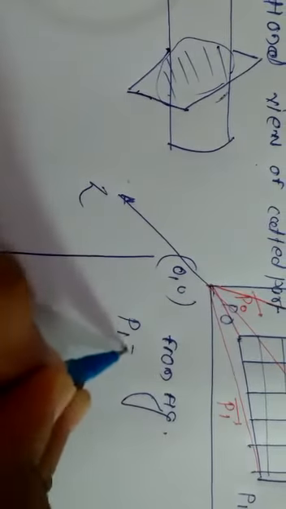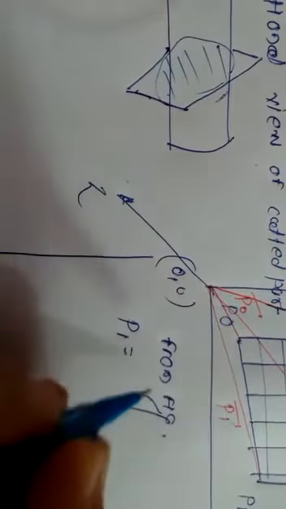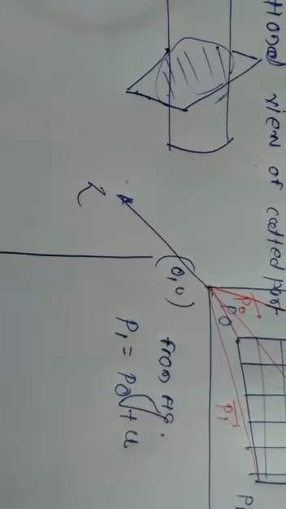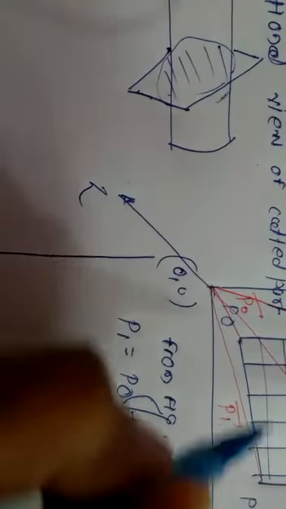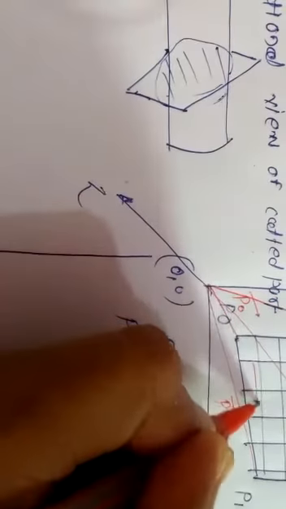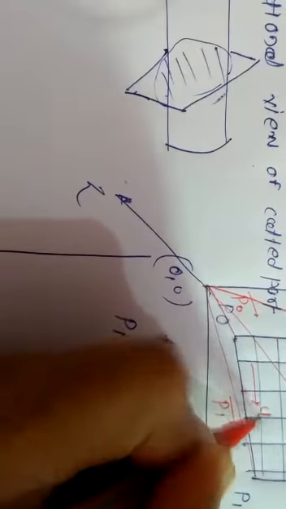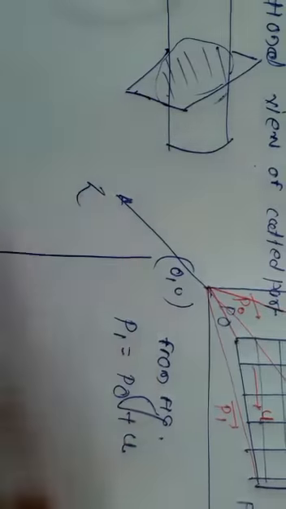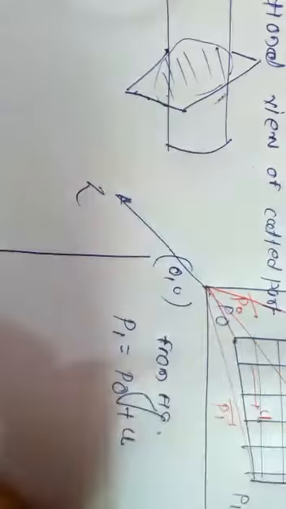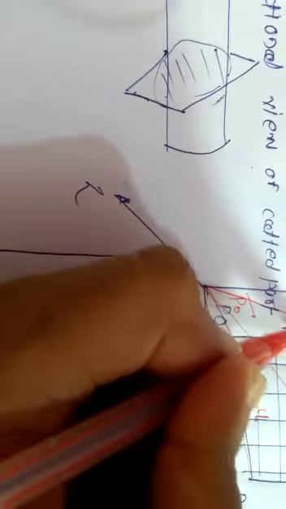P1 is equal to P0 plus U, where U is the parameter in the x direction, and in the same way V is the parameter in the y direction.